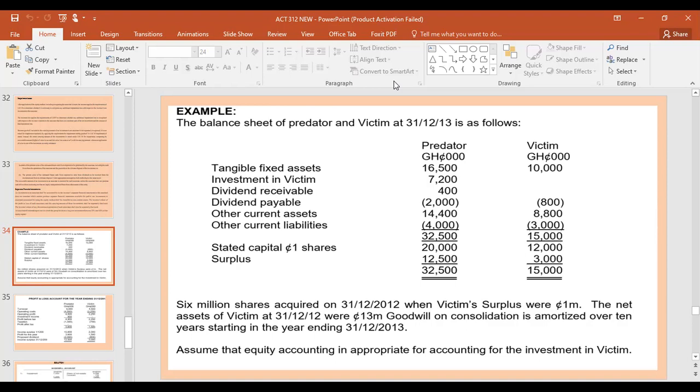Then go to financed by. Financed by stated capital. So you pick that of Predator's own alone, and it is 20,000. Then you add your surplus, the surplus of 12,800 that you had from the closing surplus account, to balance up the second side of the balance sheet.